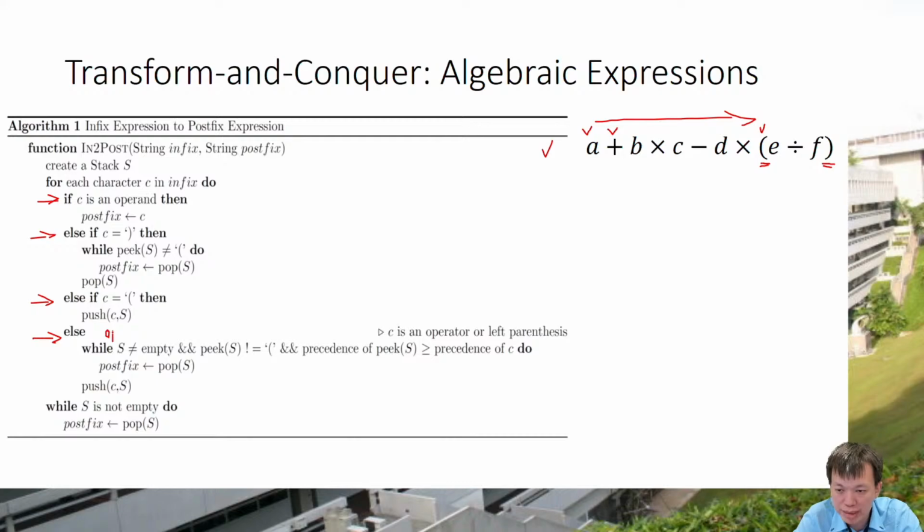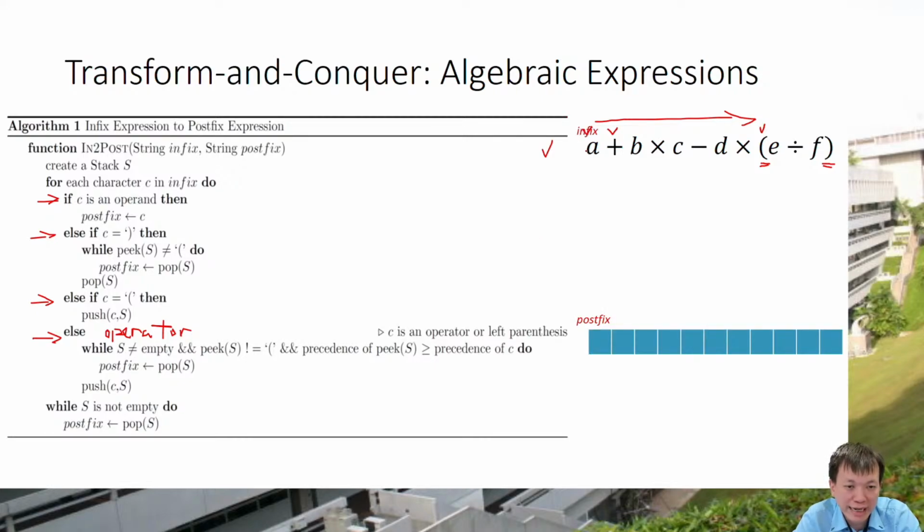The last one is the operator. What am I supposed to do? You can see, first you read A. You just simply put it at the output. A, if it's an operand, you just put it as output.